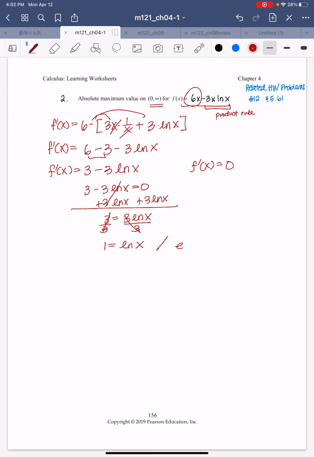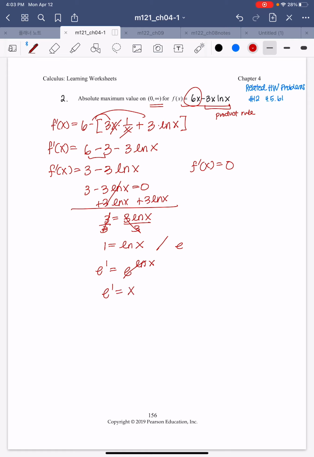Then I have e to the first power equal to e raised to the ln x. These two cancel out, so I have e to the first power equal to x.